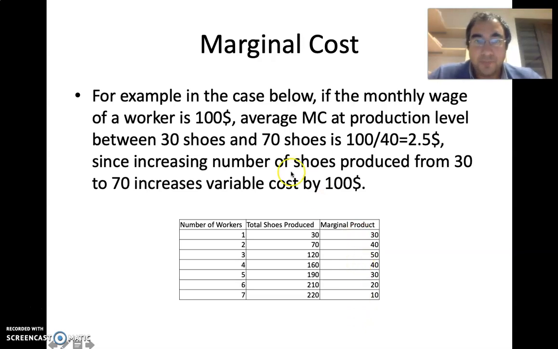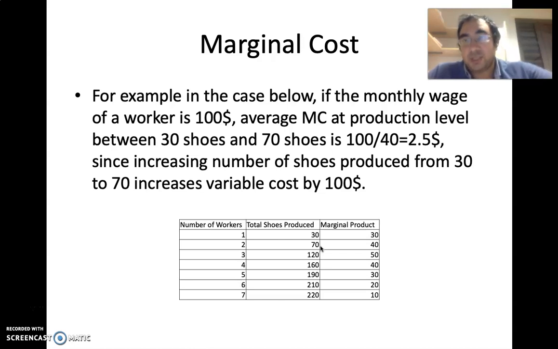For example, when we have 2 workers instead of 1, the marginal product is 40, and the marginal cost of these additional 40 shoes can be calculated by dividing the wage of this worker, which is the cost added in order to increase the production level from 30 to 70.